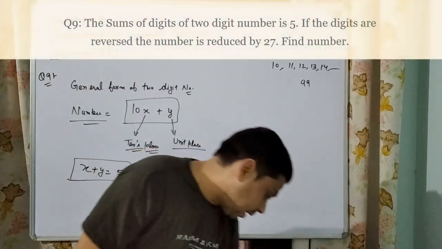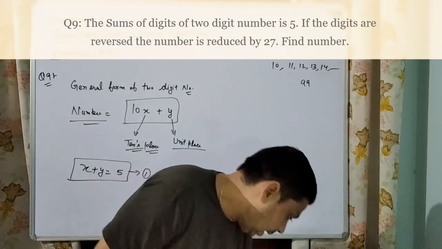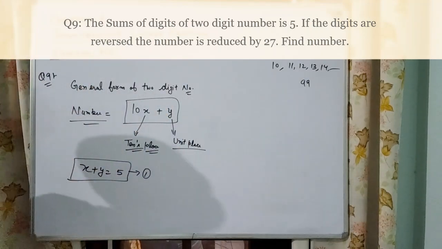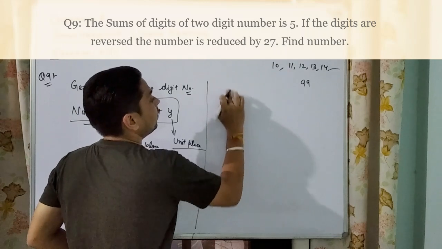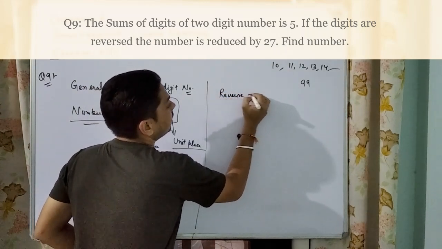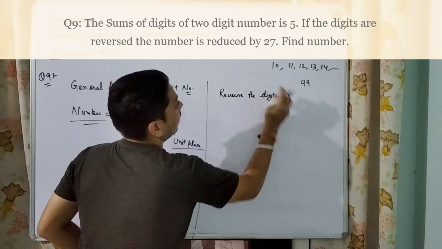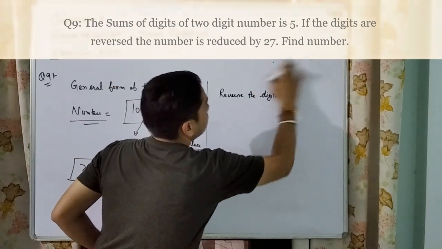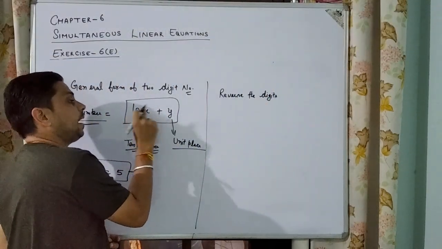Second condition from your question is that if the digits are reversed, then the number is reduced by 27. A new number will be formed by reversing the digits. Reverse means replace y with x and x with y.